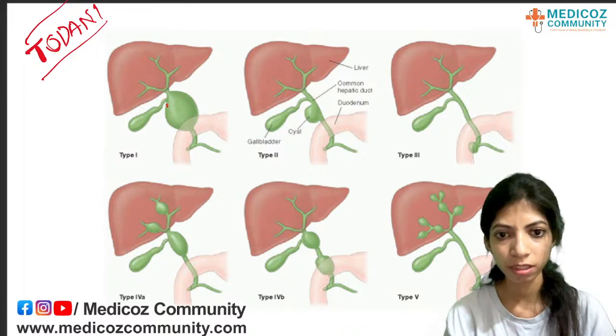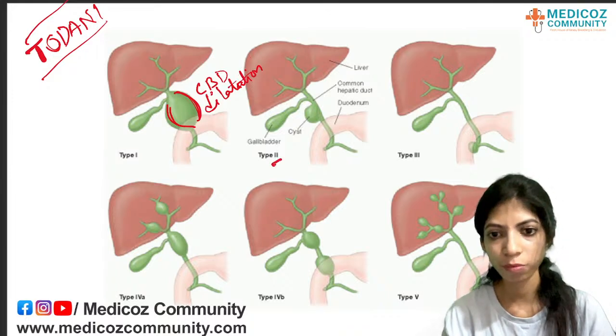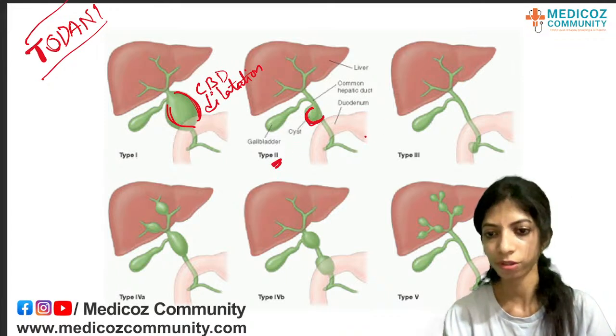Type 1 is nothing but a saccular dilatation in the CBD. CBD dilatation is type 1. What is your type 2? Type 2 is nothing but a diverticulum. Not just a dilatation, but there is a protrusion. The diverticulum is present. This is called your type 2 choledochal cyst.